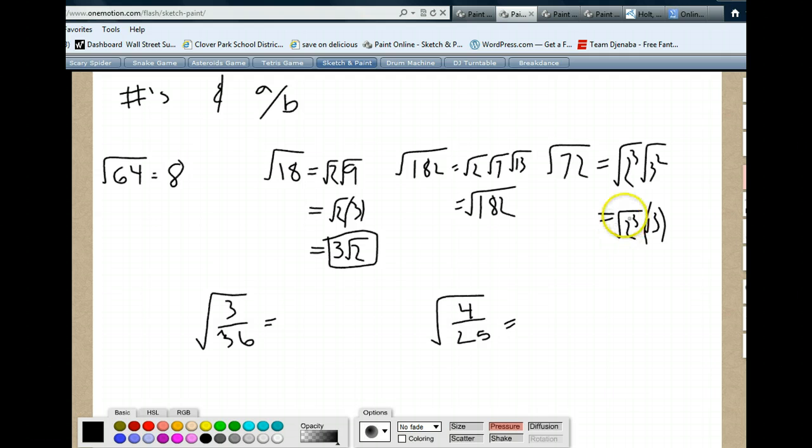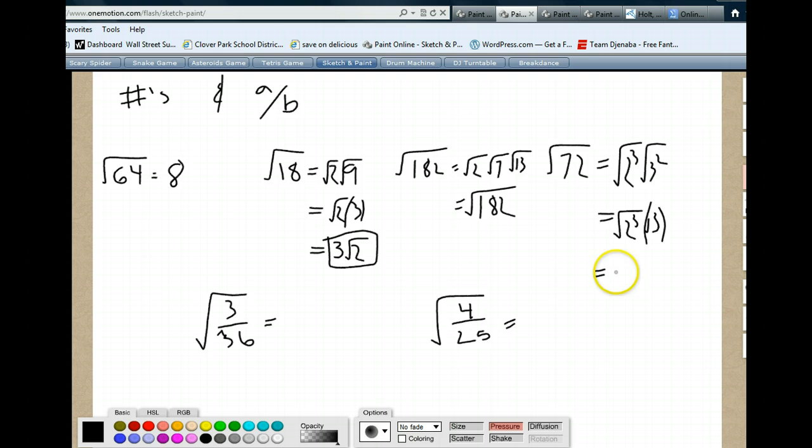Now what do we do with this 2 cubed? Because again, I don't want to work with odd exponents when I'm simplifying radical expressions. So what I can do, though, is break it down into something that becomes even. You can apply this to any odd exponent: you just subtract 1.